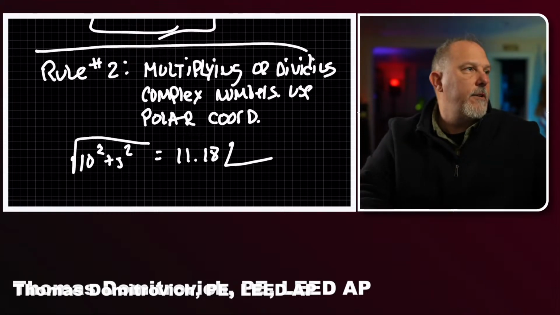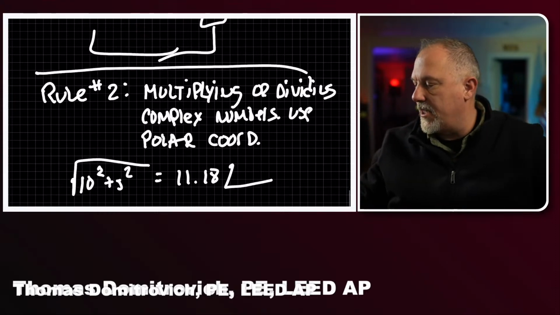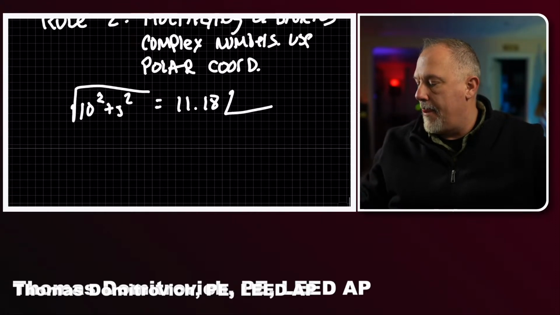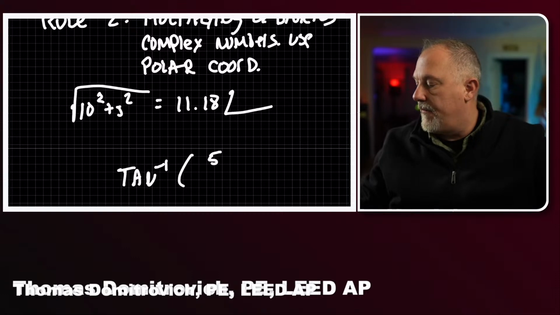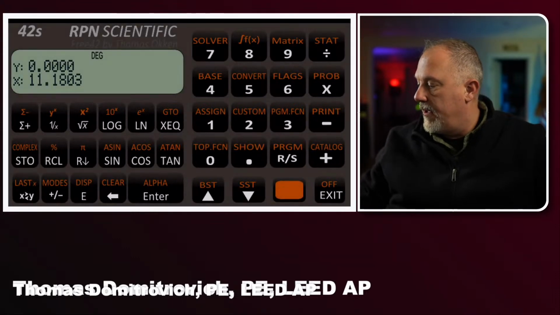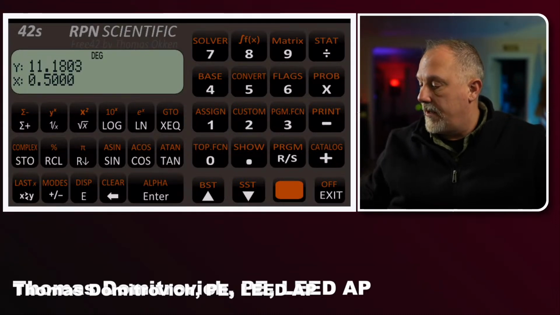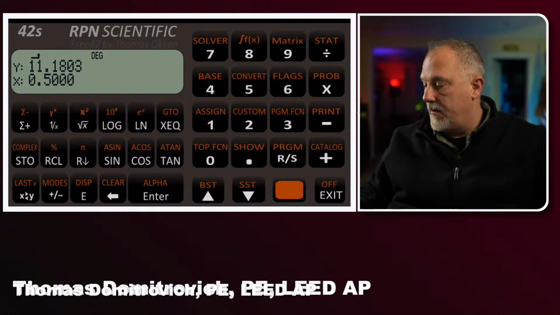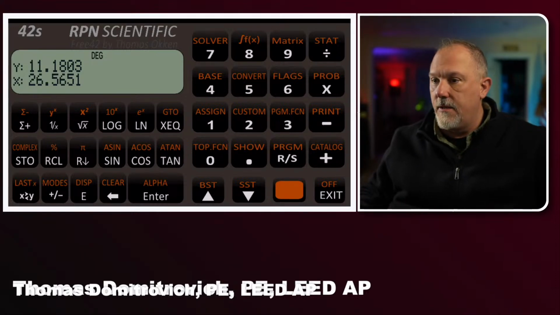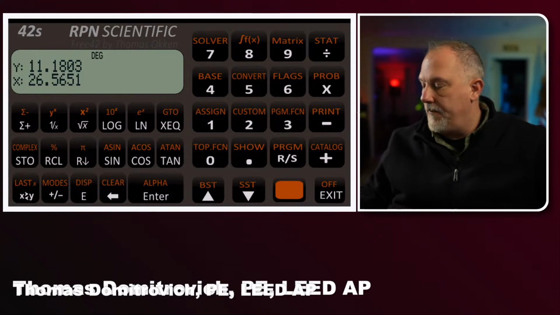Tangent is opposite over adjacent. That's what I thought. So inverse tangent of 5 over 10: 5, enter, 10, divide, inverse tangent. Yep. Thank you, Eli Markovich.